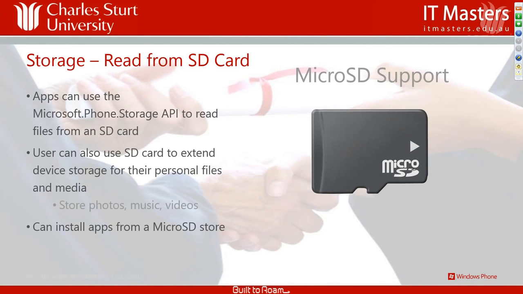We've also got support across the Windows Phone 8 platform, not necessarily on every single device. I know that, for example, the Lumia 920 from Nokia doesn't support a microSD, whereas their 820 device does support a microSD. Now, there are some constraints about the use of the microSD card, primarily that apps can use the storage APIs to read from SD cards.